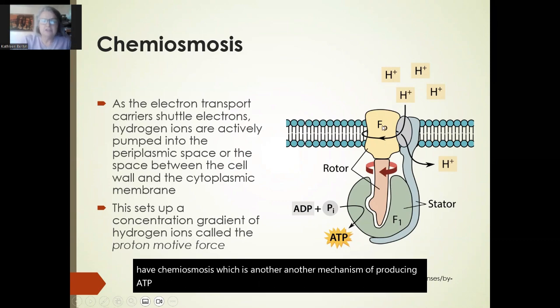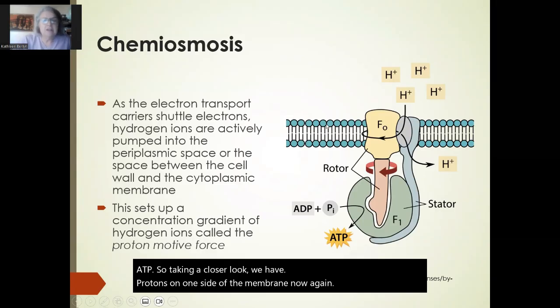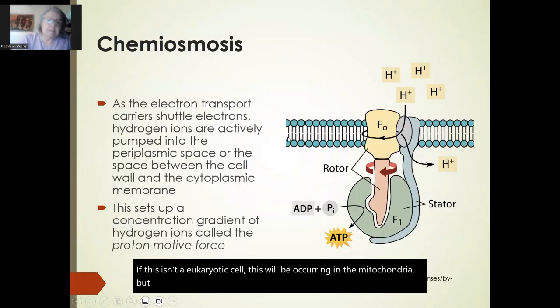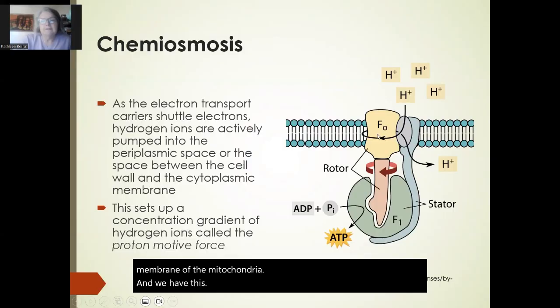So taking a closer look, we have the protons on one side of the membrane. Now again, if this is in a eukaryotic cell, this will be occurring in the mitochondria. But since we're talking about bacteria, this is happening in the plasma membrane. And we have this kind of motor, basically, that we call ATP synthase.